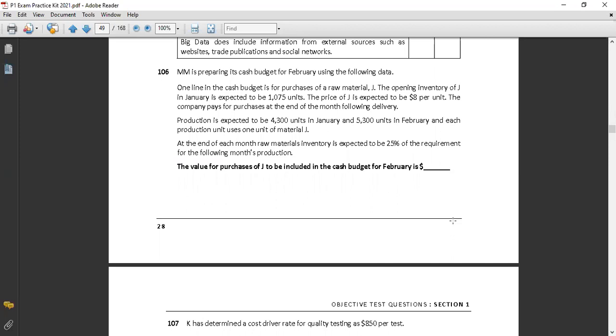The company pays for purchases at the end of the month following delivery. Production is expected to be 4,300 units in January and 5,300 units in February. And each production unit uses 1 unit of material J. At the end of each month, raw materials inventory is expected to be 25% of the requirement of the following month's production. The value for purchases of J to be included in cash budget for February is dollars.